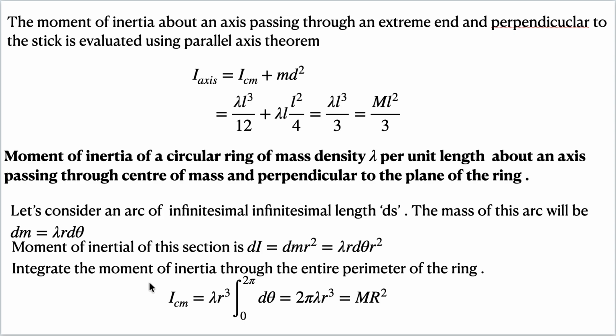Integrate the moment of inertia through the entire perimeter of the ring. So we put the limit theta from 0 to 2 pi, and we get I about center of mass will be 2 pi lambda r cube, which can be written as m r square. These are standard moments of inertia, and we can remember them to solve problems.